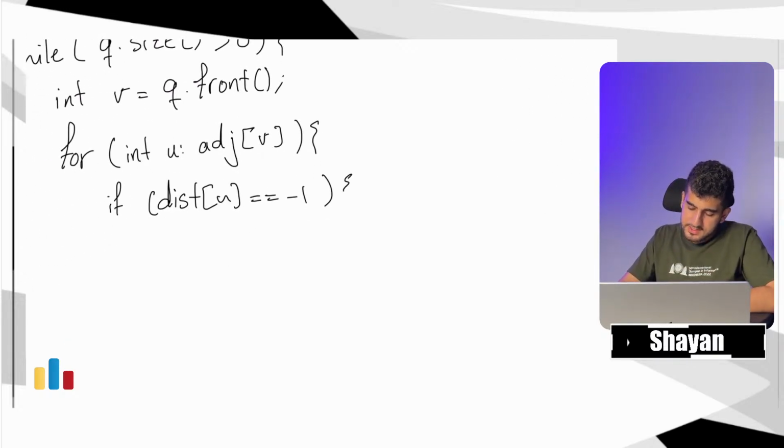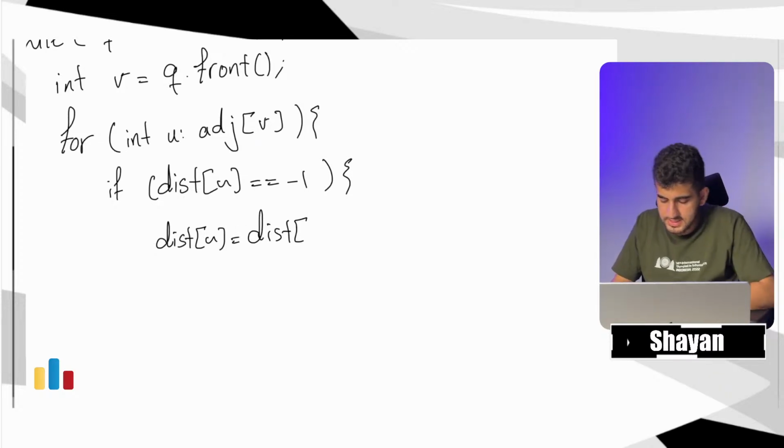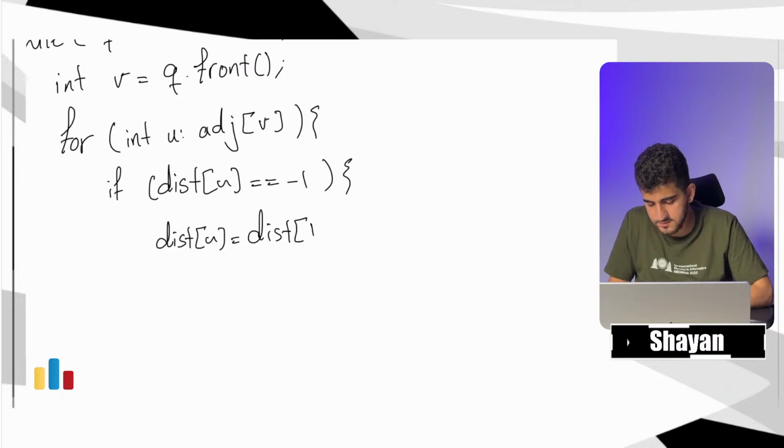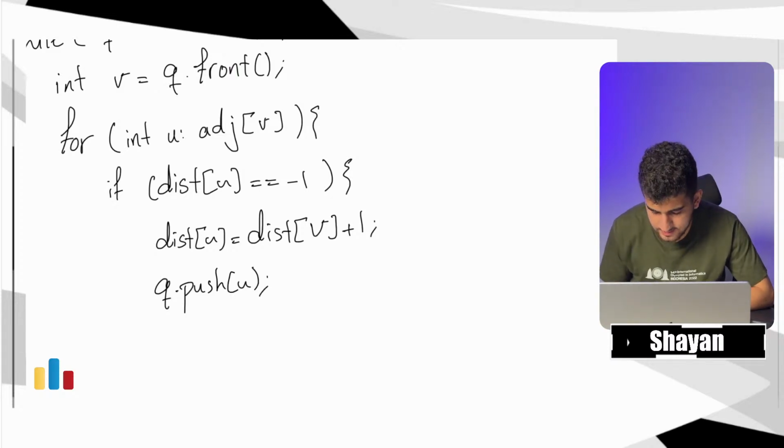If this happens, set the distance of u to the distance of v plus 1, and then do Q.push u. Now you have to handle u as well.